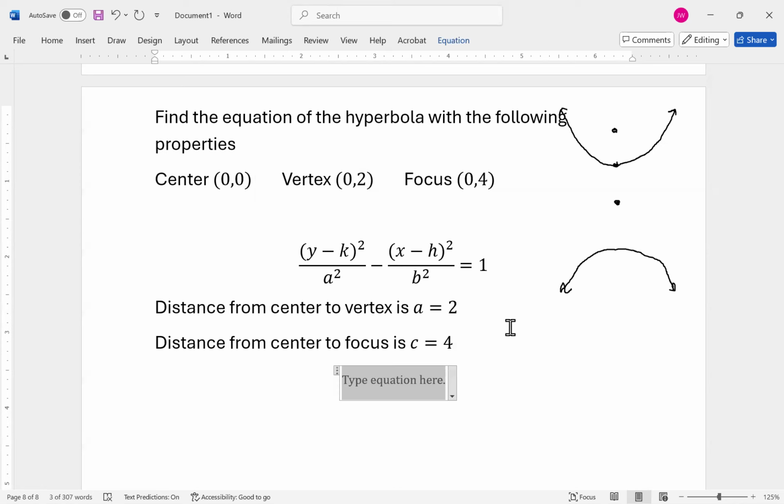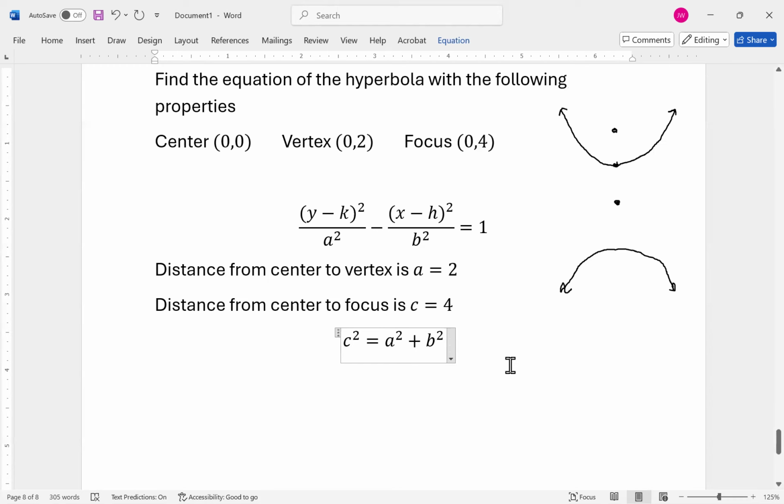We have a hyperbola, so the equation I use for the c is a squared plus b squared is c squared. Again, that's different from the ellipse. Be careful about that. In my case, that means 4 squared, which is 16, is equal to 2 squared, which is 4, plus b squared.